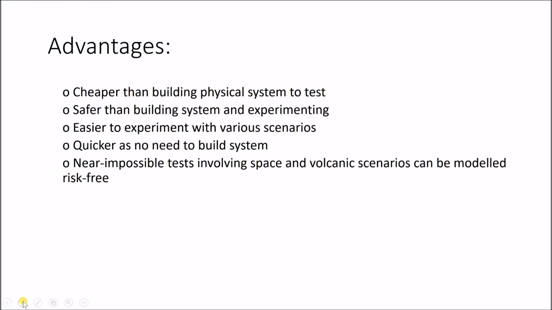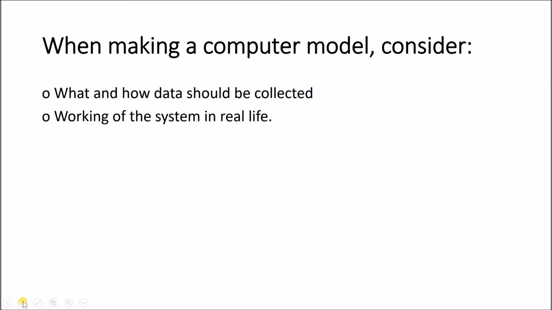Now, advantages, you can just summarize it like this: cheaper than building a physical system to test, safer than building a system and experimenting, easier to experiment with various scenarios, quicker as no need to build the system, near impossible tests involving space and volcanic scenarios can be modeled risk-free.